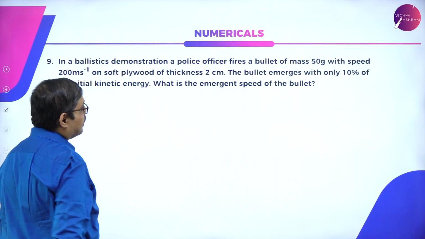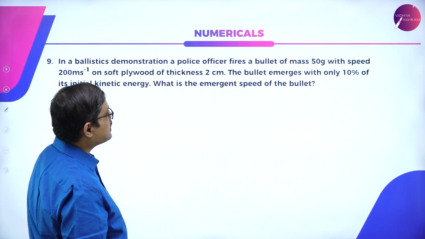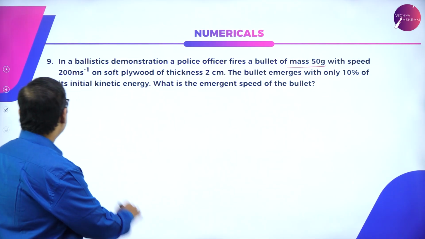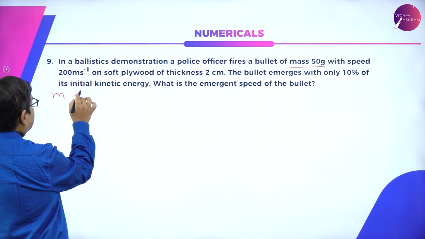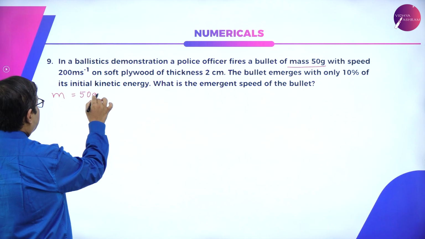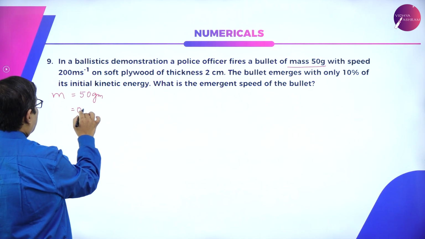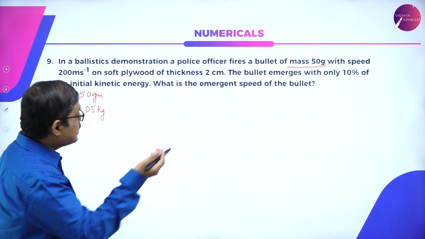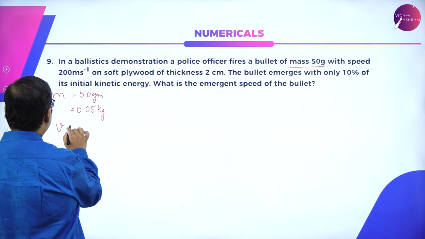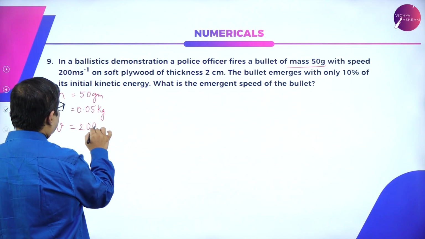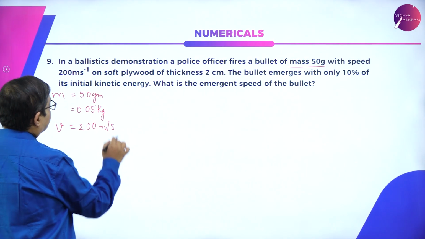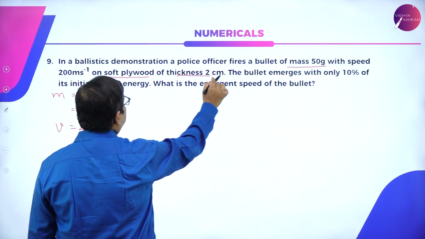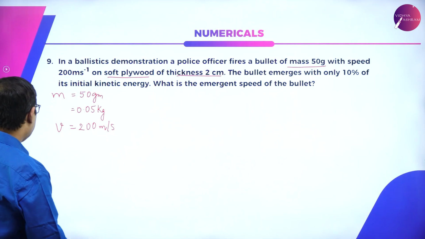In a ballistic demonstration, a police officer fires a bullet of mass 50 grams. Okay. So the mass is 50 grams, or this is 0.05 kg. The velocity of the bullet is 200 meter per second. It is fired onto a soft plywood of thickness 2 centimeter. Okay.